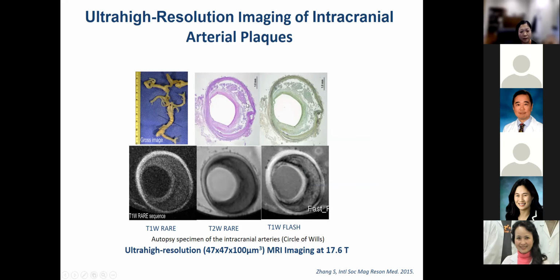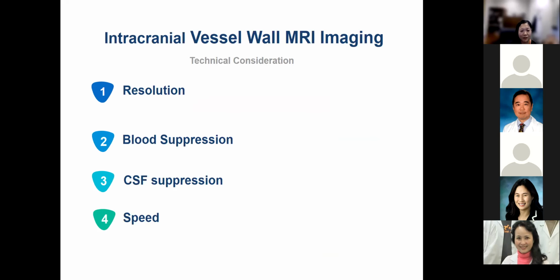You can see a lipid core accumulated in this lesion. The resolution is quite high because we acquired this image at very high field, 17.6 Tesla. For conventional clinical MRI, we generally use 3T. So this is really super high resolution.